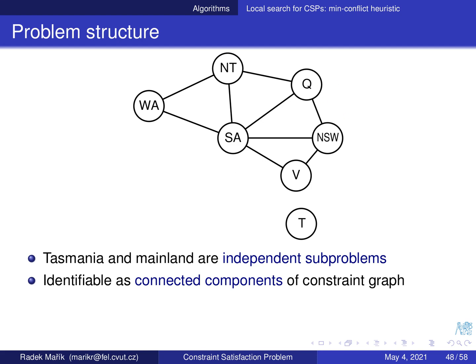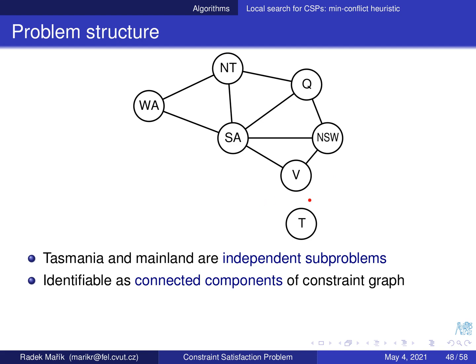If we express the map of Australia as a graph, we get this constraint graph. We can immediately say that Tasmania and the mainland are independent subproblems.